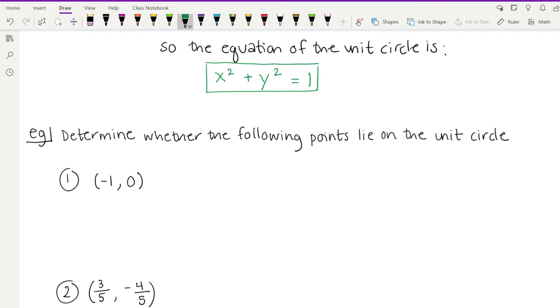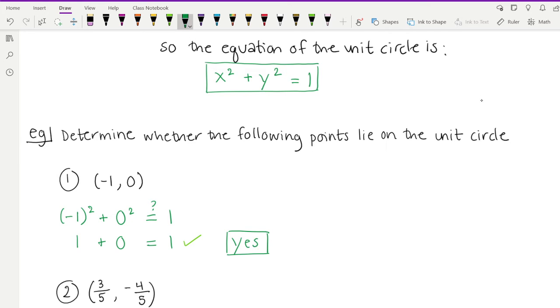We take the x coordinate, -1 squared, plus the y coordinate, 0 squared, and check whether that gives us 1. We get -1 squared becomes +1, and 1 plus 0 is in fact equal to 1. So yes, this point does lie on the graph.